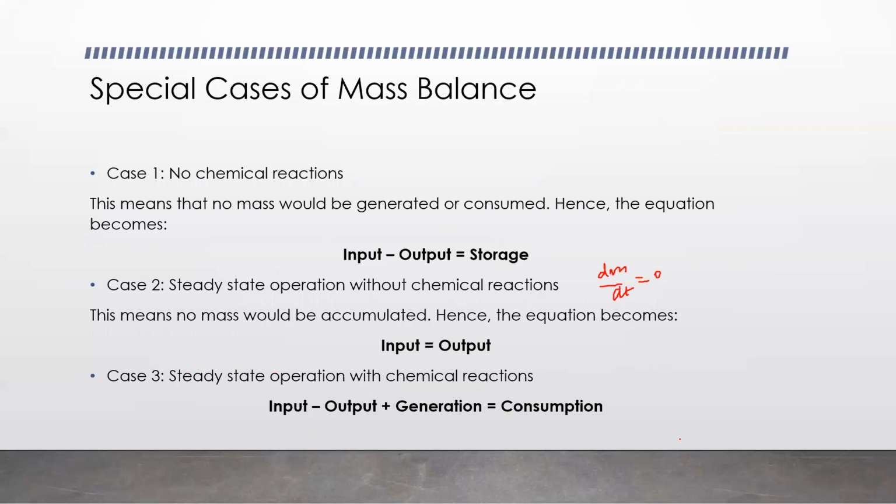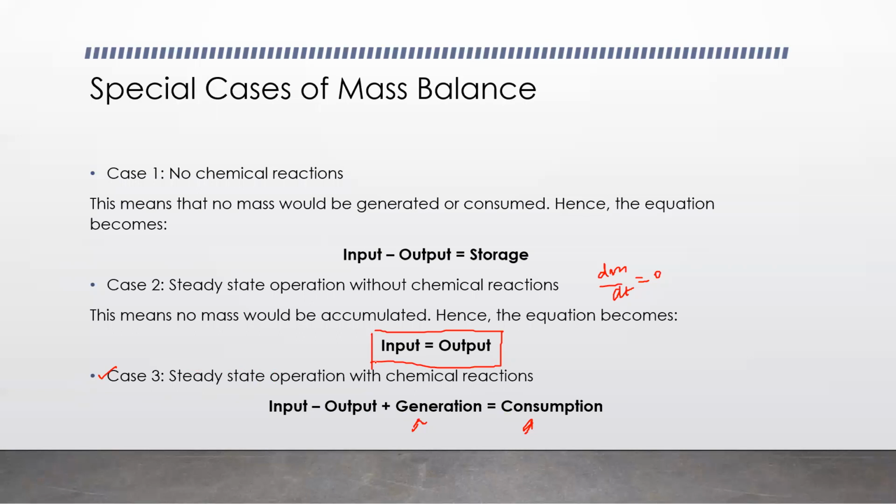And finally, if there is steady state operation without chemical reactions, this was with chemical reactions, case 3, then even the generation and consumption terms are going to be 0. Therefore, what we'll get is input equal to output.